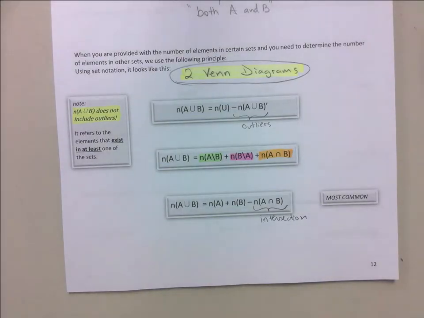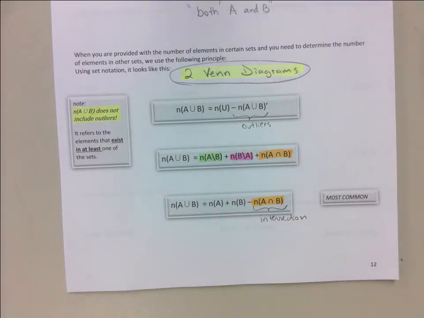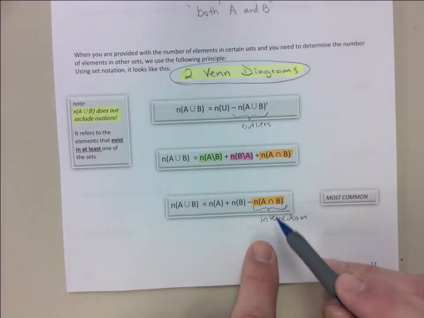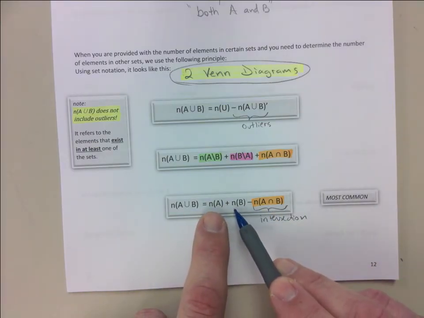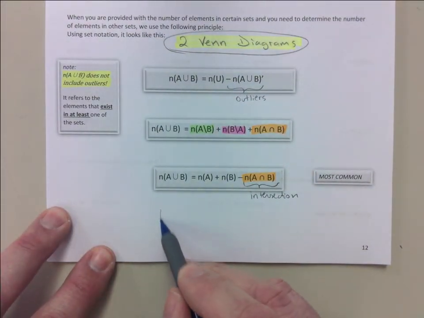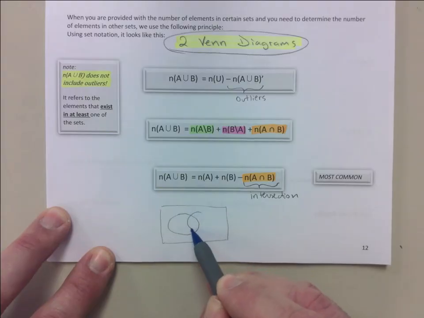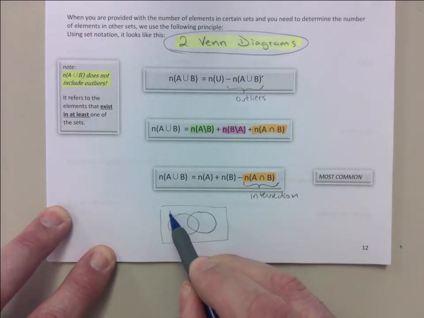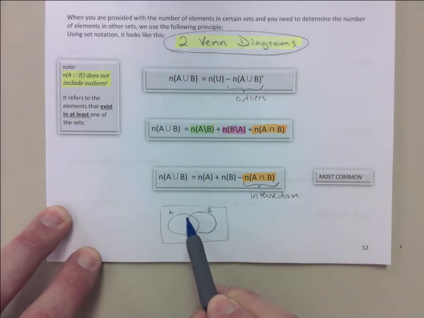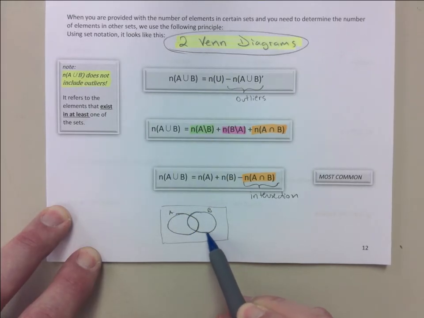You gotta subtract. Notice that. Subtract the intersection. Why do I subtract the intersection when I add all of A and all of B? This is why. I don't have this in my notes, but consider a scenario where this is A and this is B. If you add all of A and then you add all of B, you're double counting the middle.